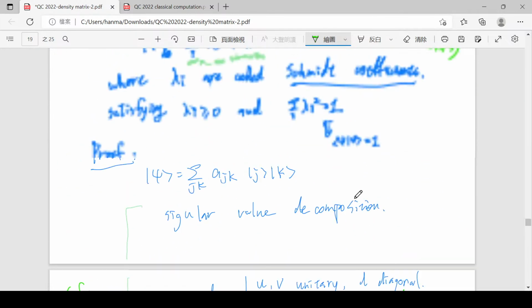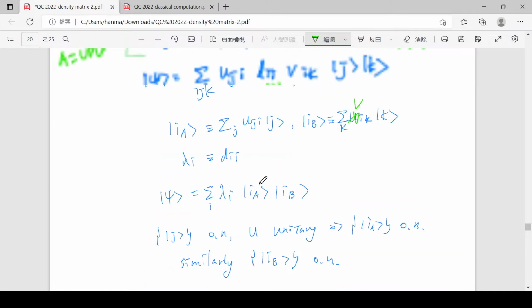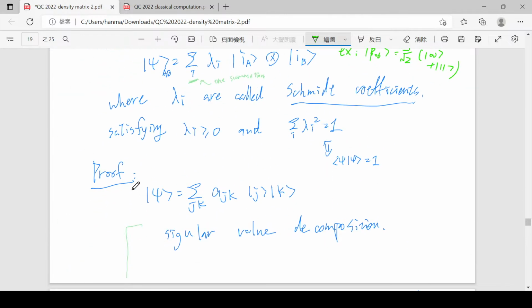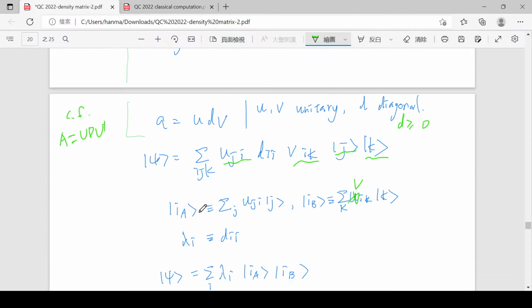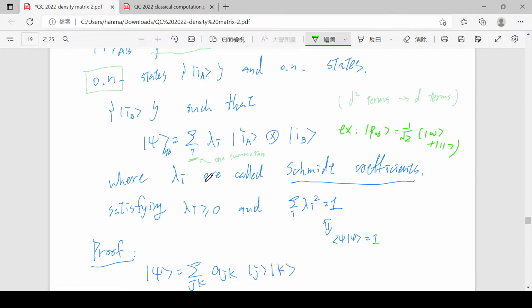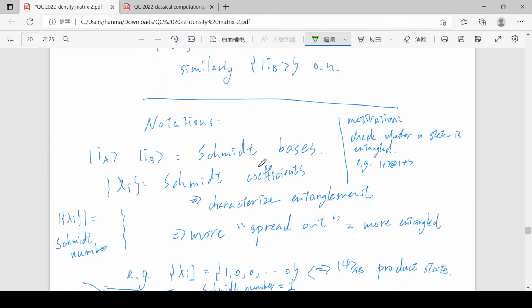Okay, so this proves that if you take any entangled pure state on two systems, then you can write it in this Schmidt decomposition, where you only have the Schmidt coefficients that signal how entangled your state is.